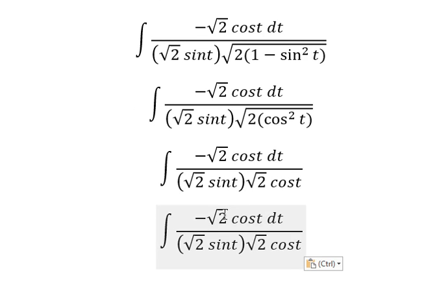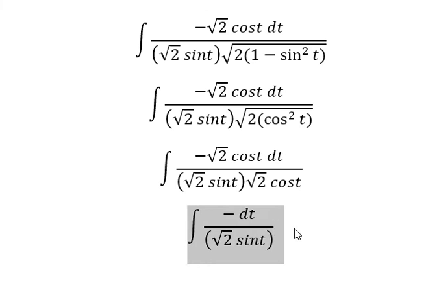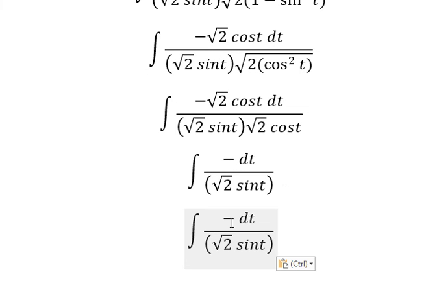And now we need to simplify this one and this one. So we put negative 1 over the square root of number 2 go outside.